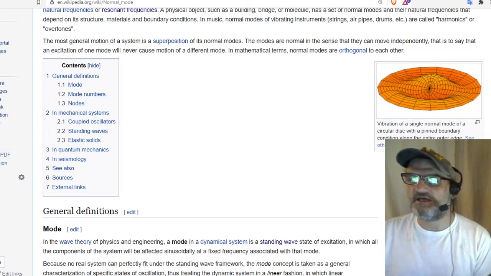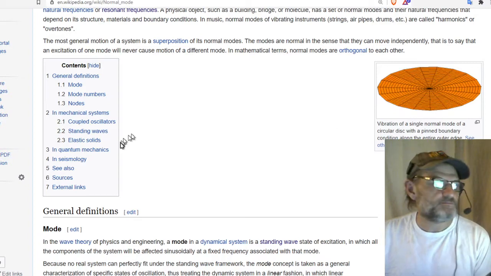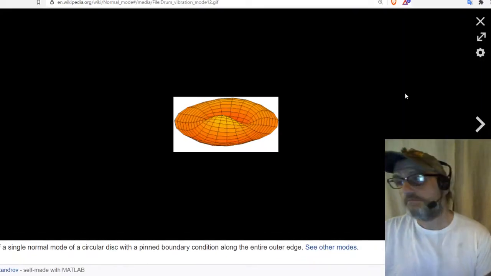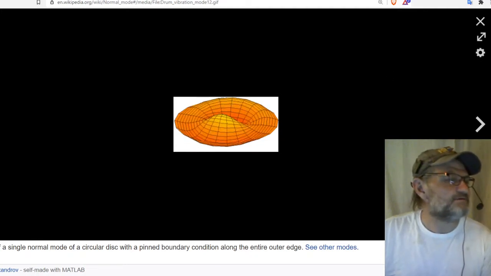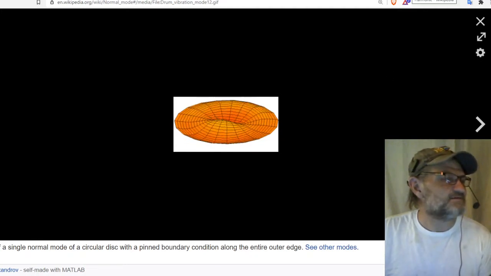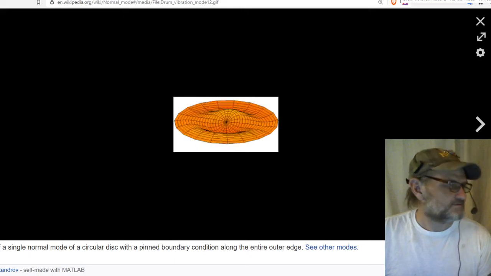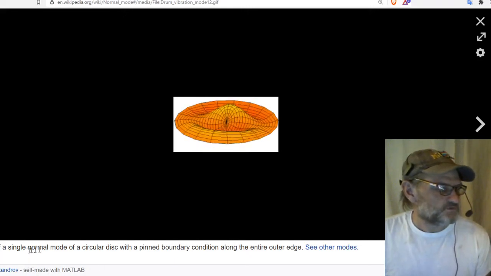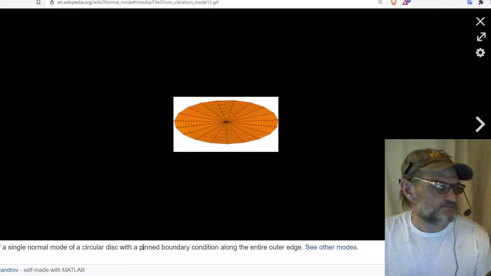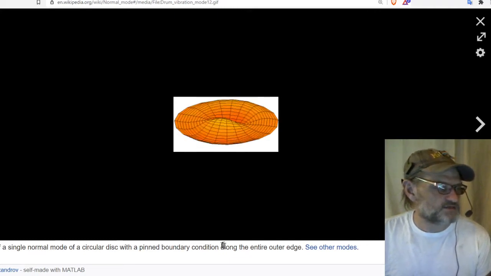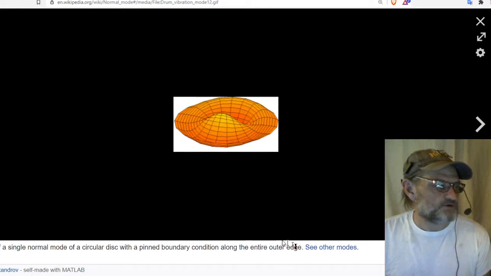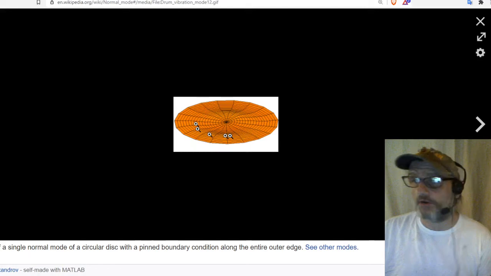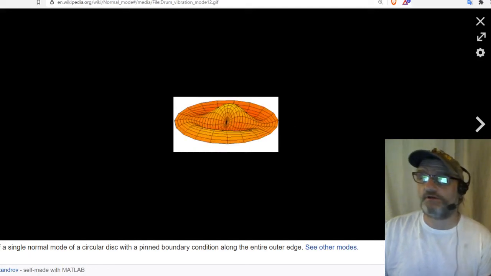Each dimension is given a mode number. It says vibration of a single normal mode in a circular disk with a pinned boundary condition along the entire outer edge. This is a drum head that they're giving you a picture of, and they're calling it the pictured disk.